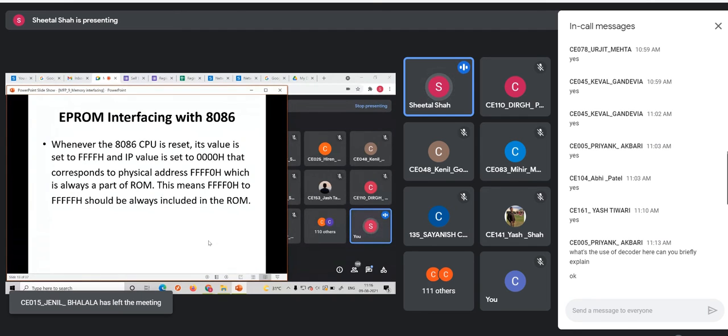Usually whenever you are providing the addresses to the RAM IC or ROM IC, the FFFF0 should always be for the ROM. Do you agree to this, all of you? Why is it for the ROM? Is this thing clear, everyone?